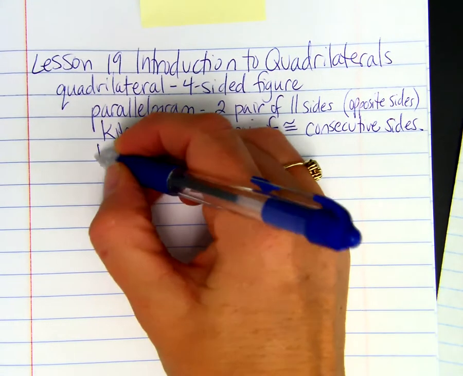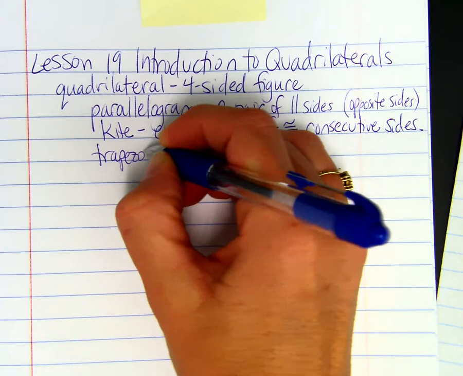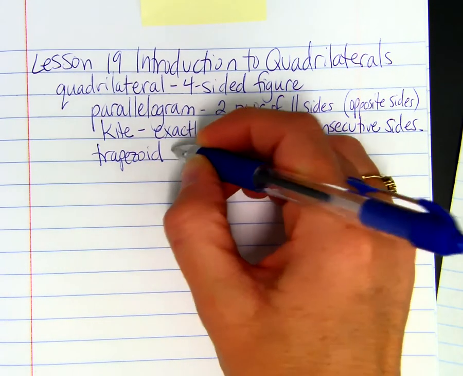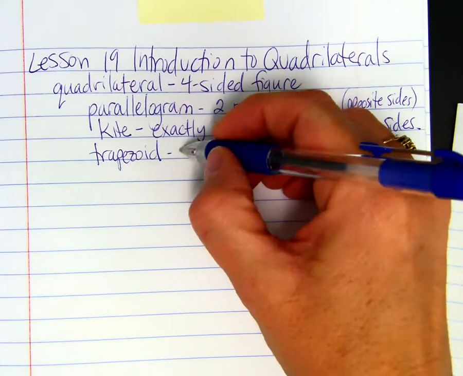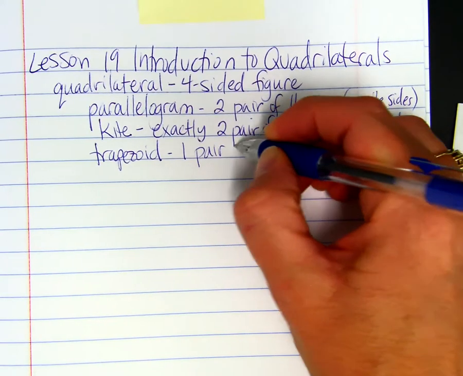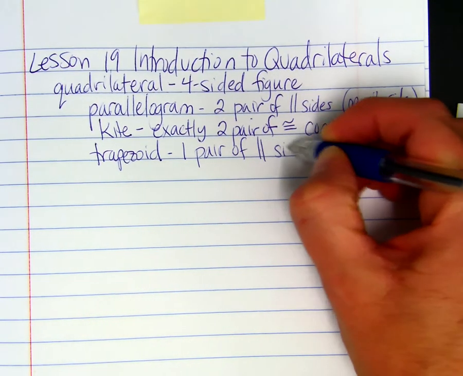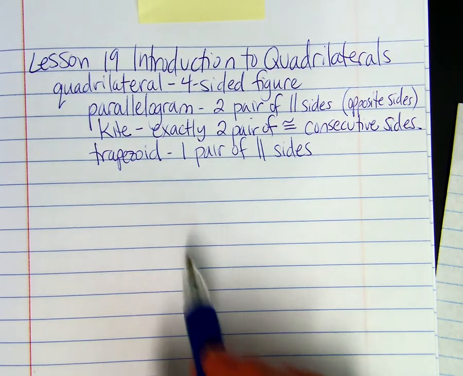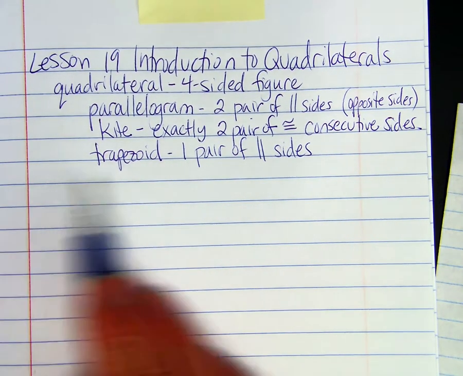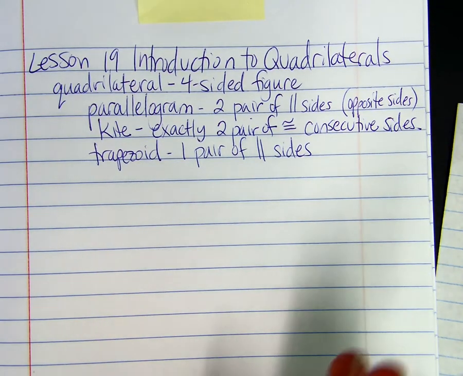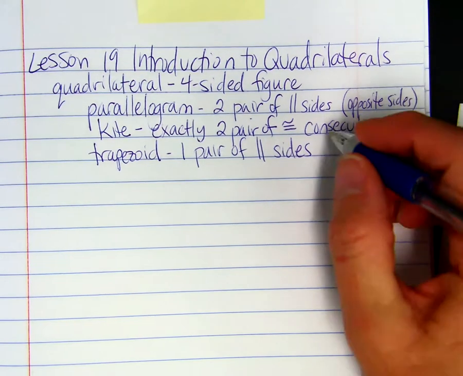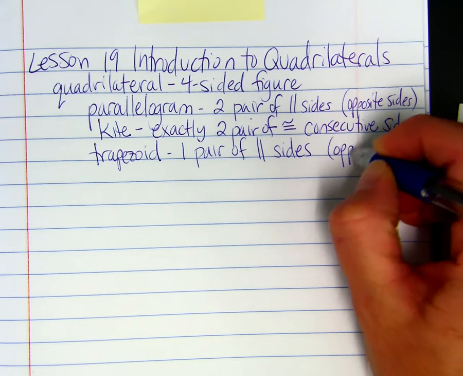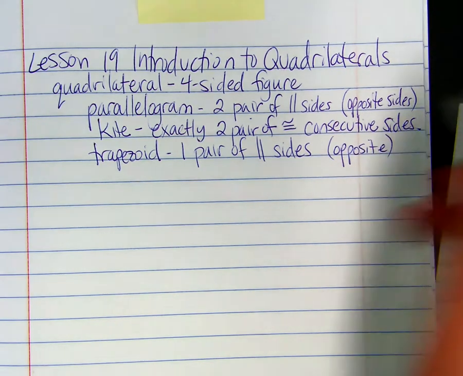Then a trapezoid has one pair of parallel sides. And this is the one I think you were thinking of, Andrew, because it's one pair, so there's two sides that are parallel to each other, and those two sides will be opposite of each other.